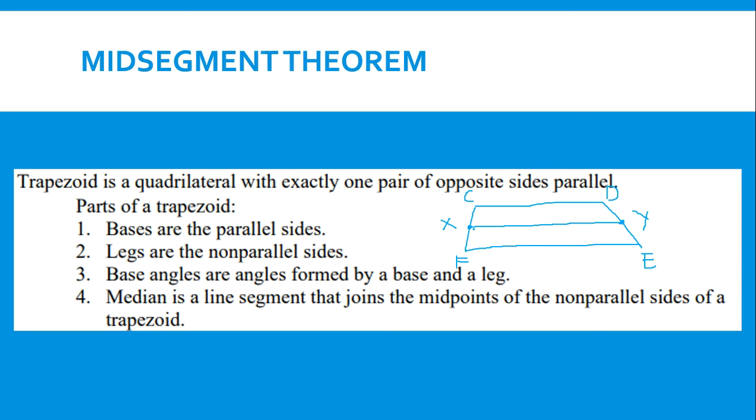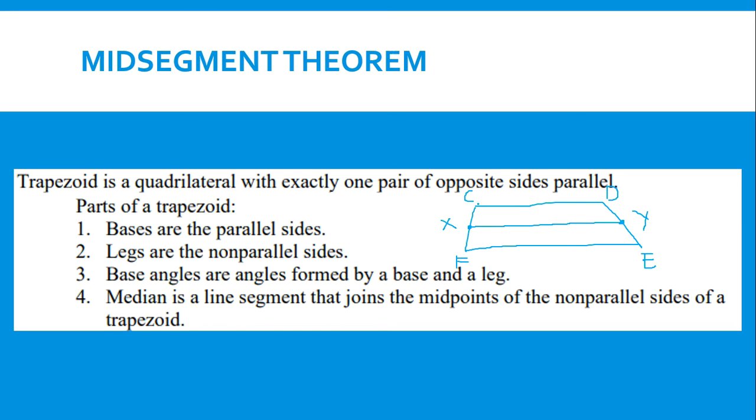Again, it is the same as in the triangle. In the triangle, we call it the midline. If there is a midline, there's always a midpoint. The same goes for the trapezoid: if there is a median or mid-segment, there's always a midpoint also. Recall the definition of midpoint. Its purpose is to divide the sides into two equal parts.